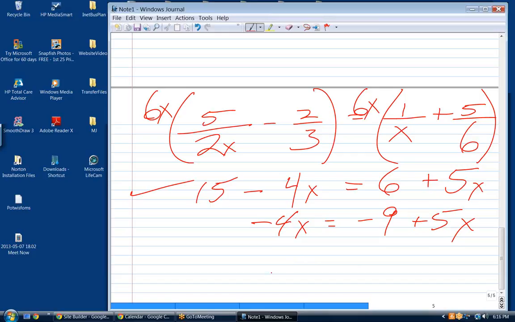Okay, so what's the next line? What's minus 4x minus 5x? Negative 9x equals negative 9. So what's x equal to? 1. Very good. See how much easier it makes the whole problem if we can get rid of the denominators in one step?